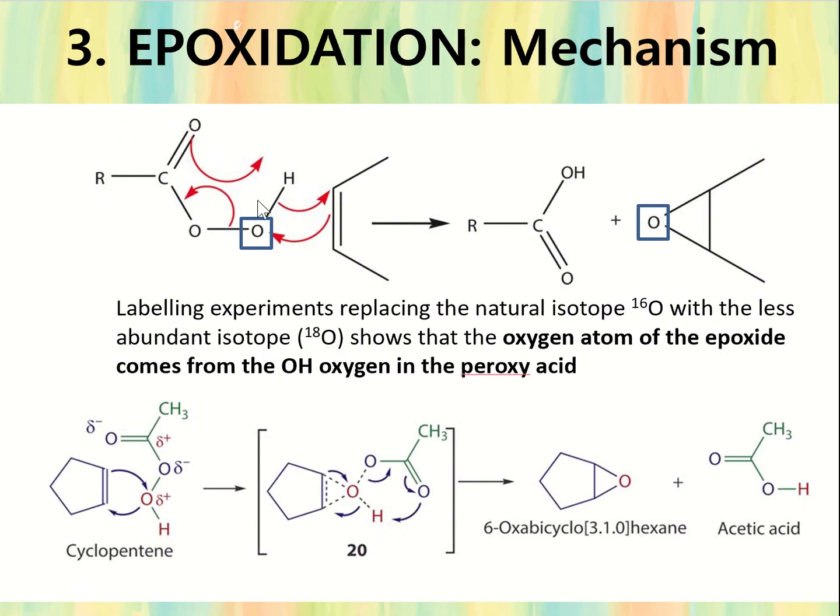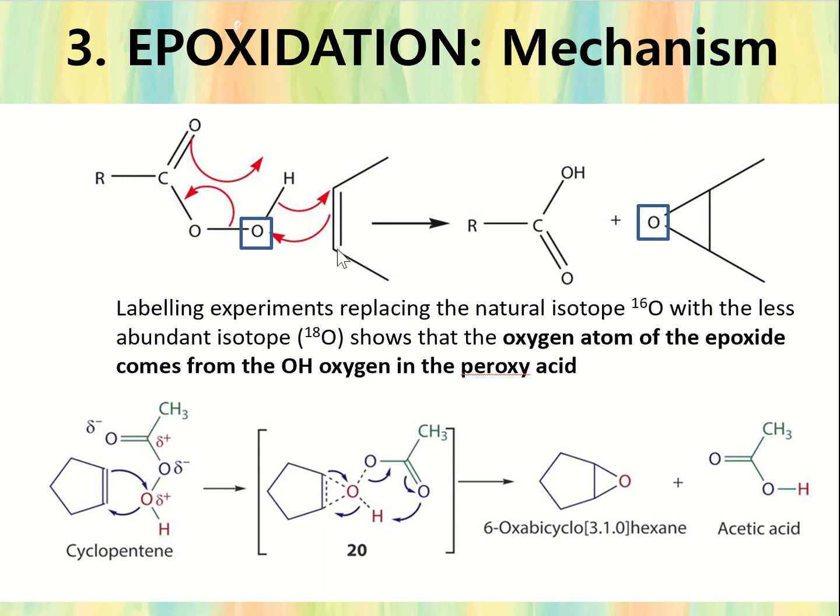So the mechanism looks something like this. We have our per acid here, and there's a reaction between our oxygen and the double bond. That is how we form the three-membered ring between the oxygen and these two carbons.